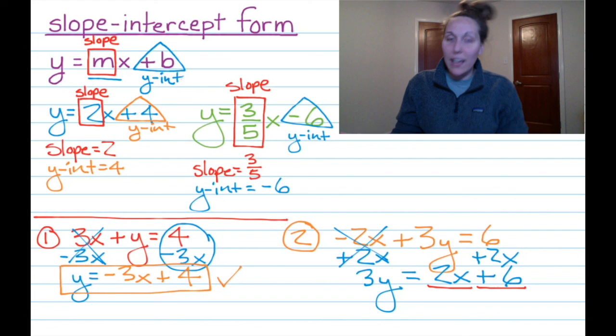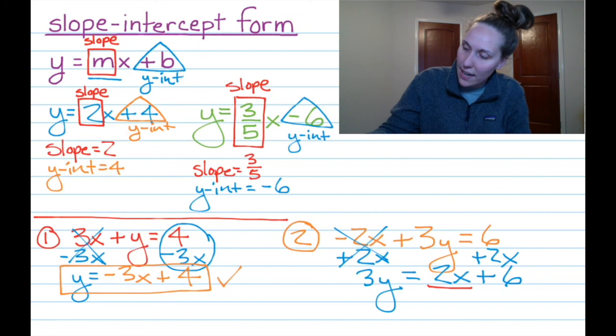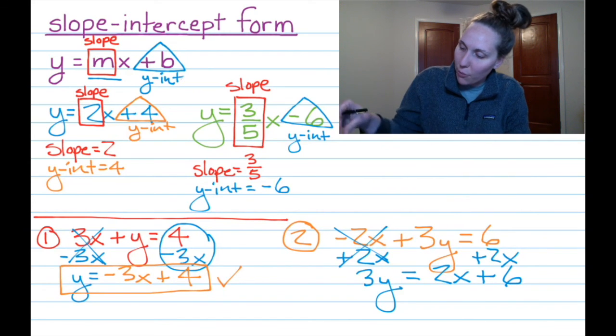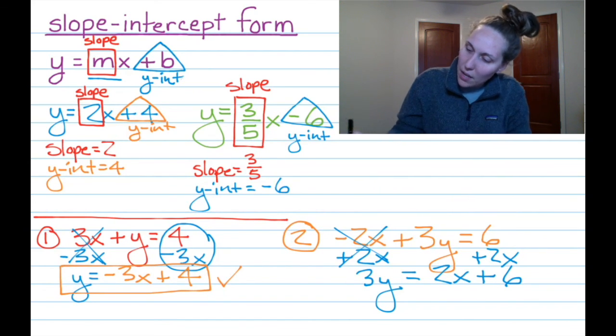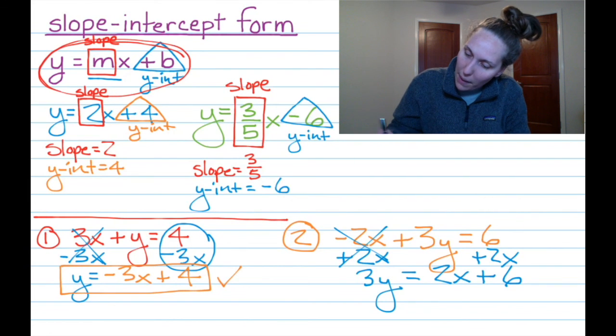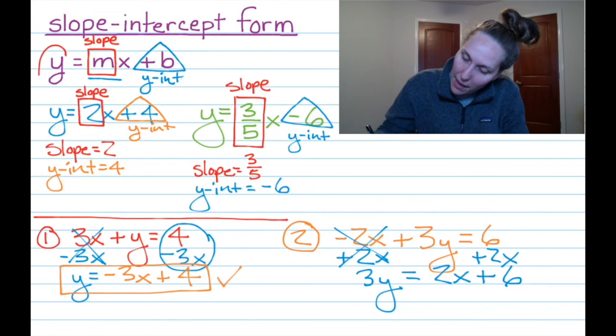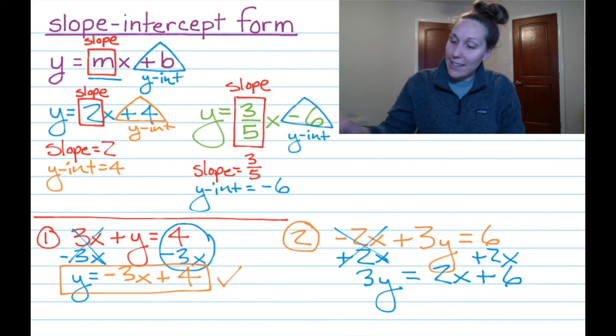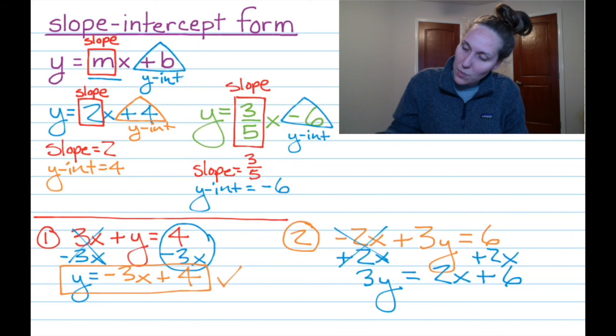I've got my y-intercept right over on that right side in the right order. The only thing is that my y value is not alone. And if we go all the way back up to the top, you can see in order for my equation to be in slope-intercept form, that y value has to be all by itself. That is really important. So it has to be isolated. And in this one, it is not.